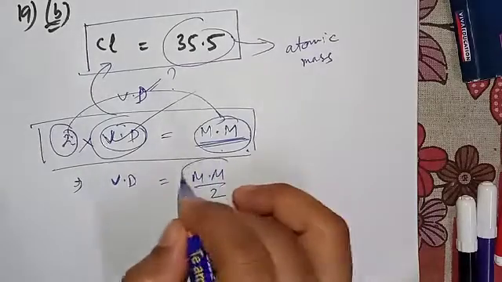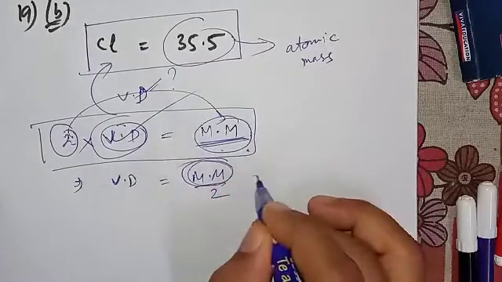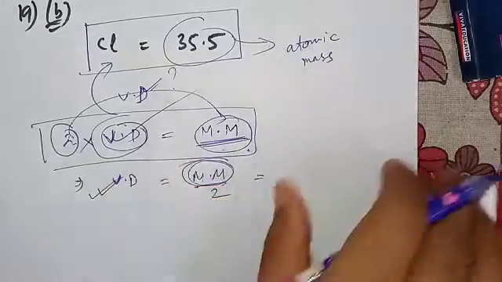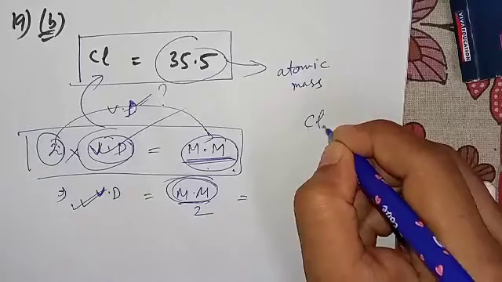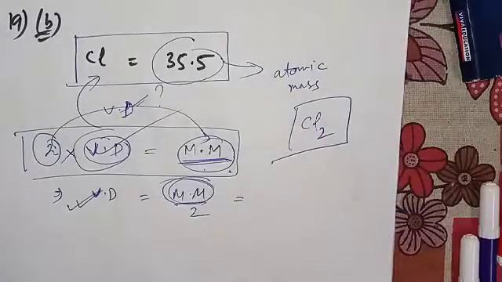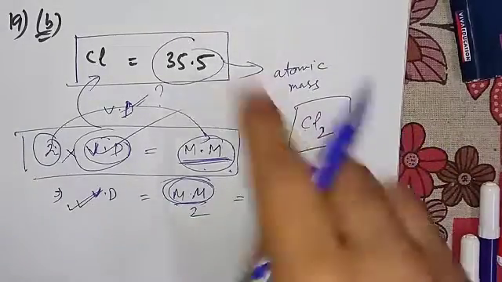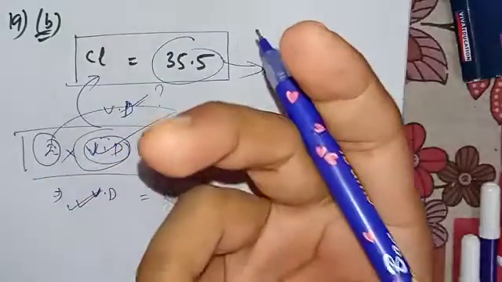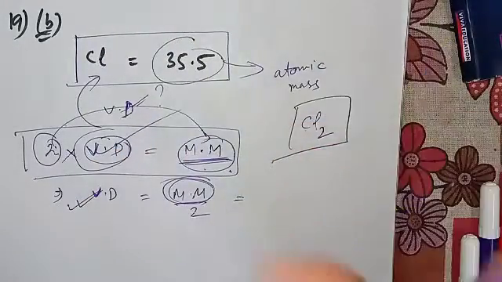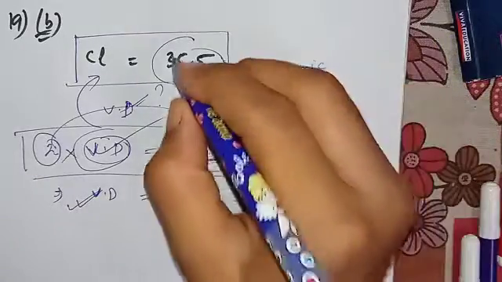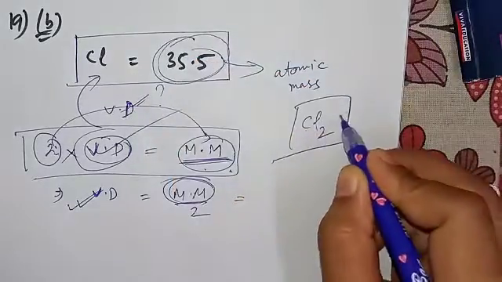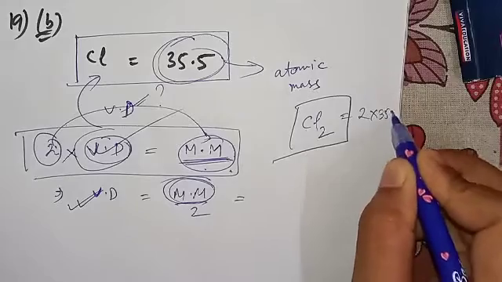So we have to know the molecular mass of chlorine for getting vapor density, and we know the atomic mass of chlorine, and you know that a molecule of chlorine is Cl2. You know the molecular formula of chlorine, that's Cl2. That means if the atomic mass is 35.5, the molecular mass will be 2 into 35.5.